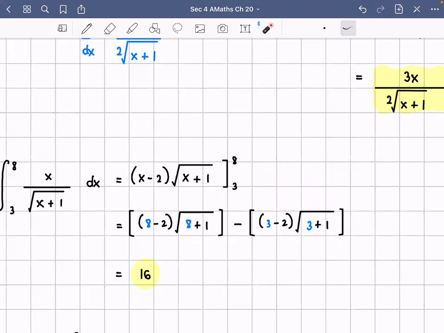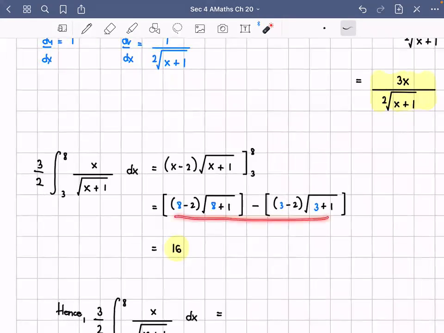3. So therefore, your answer here, when you simplify this, this is 6 root of 9. So this is simply 18, minus, this is 1 times root of 4, so this is 2. So this is 16. So that's your answer.